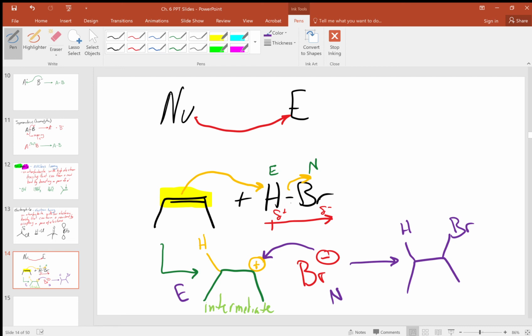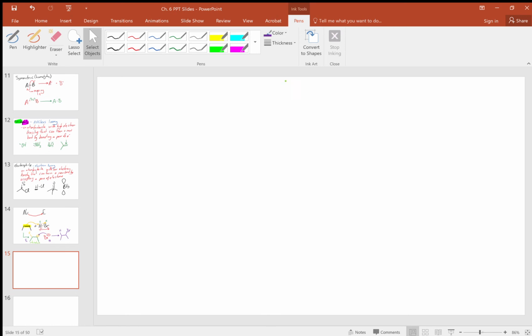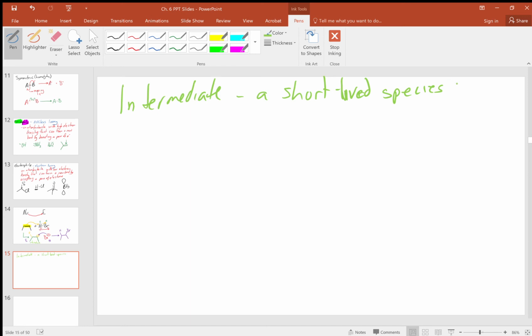So an intermediate, just in case you've forgotten that definition, is a very short-lived species that is found in the middle of a reaction, and specifically of a reaction mechanism.